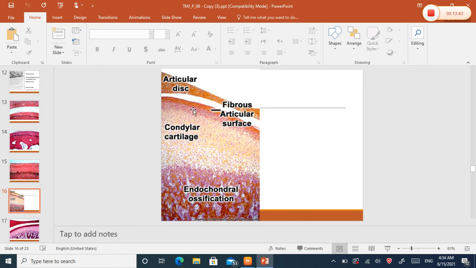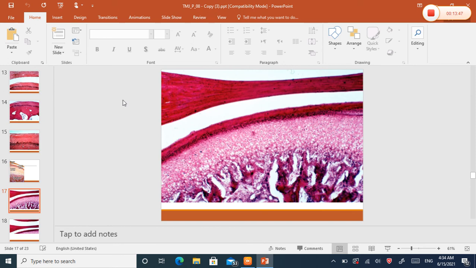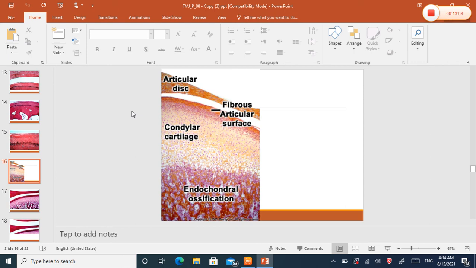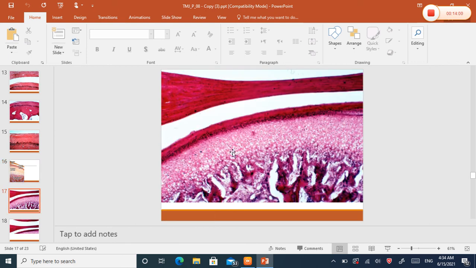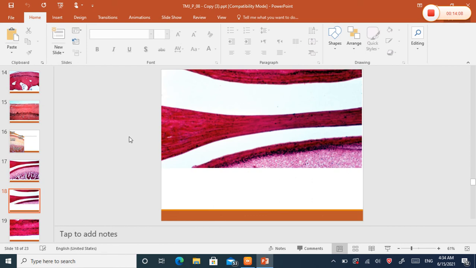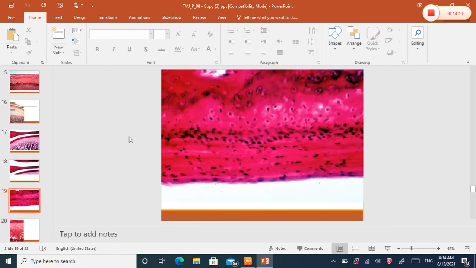Articular disc and fibroarticular surface. This is the articular disc. And this is the cartilage. Also this articular disc.